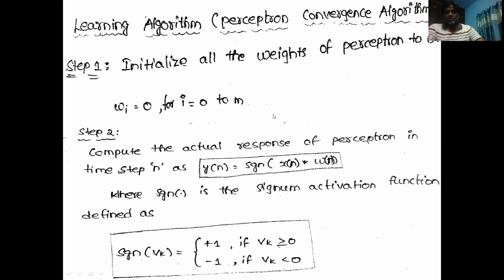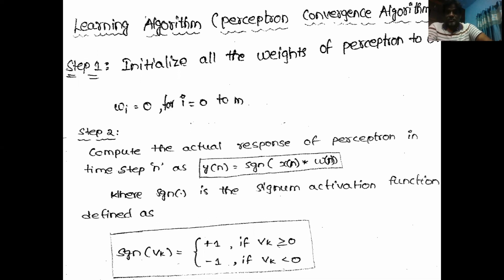Let us go through the learning algorithm used in perceptrons. This is an important topic from your examination point of view, which will be asked as what is perceptron learning algorithm, or perceptron learning rule, or perceptron convergence algorithm. It can be asked like that. The first step of any learning rule is to initialize all the weights of the corresponding network.